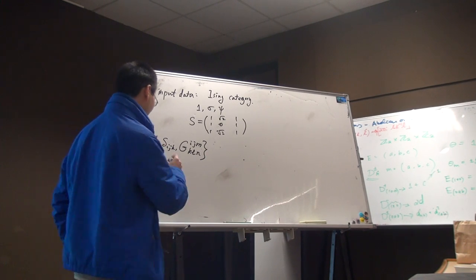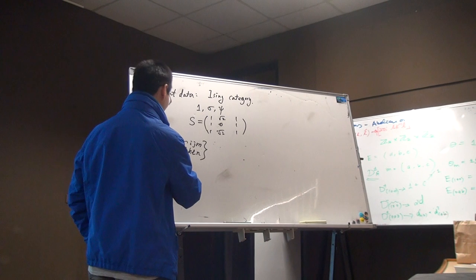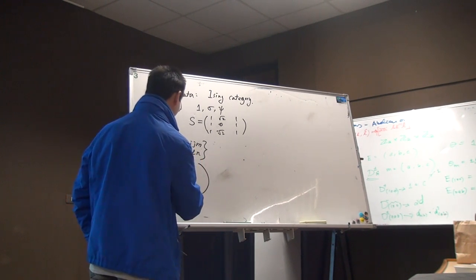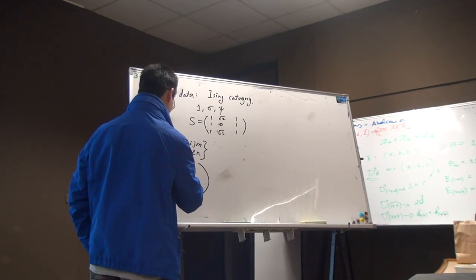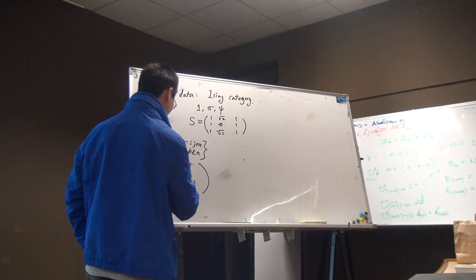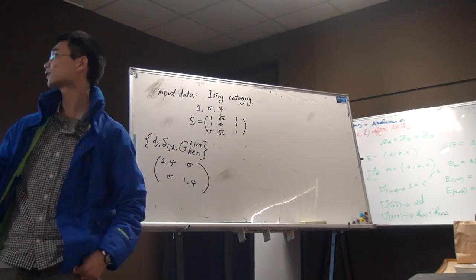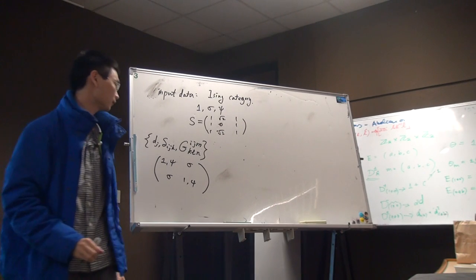But here we can do a little bit of extension. We put 1, psi and sigma into the 2x2 matrix, just analogous to these two matrices I just introduced.